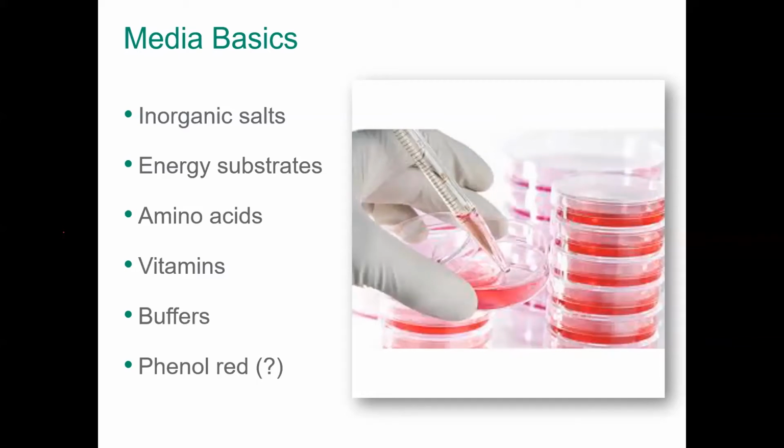And whether phenol red is present in the media or not, we know that phenol red does not have a necessary function in the vitrification itself. So its absence or presence is not going to affect the process. So this is the basal media, and it's important to choose a basal media that actually supports the kind of cells that you are using.